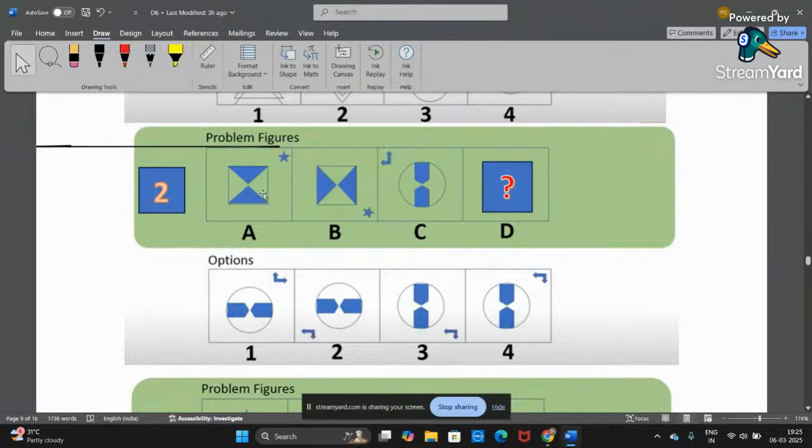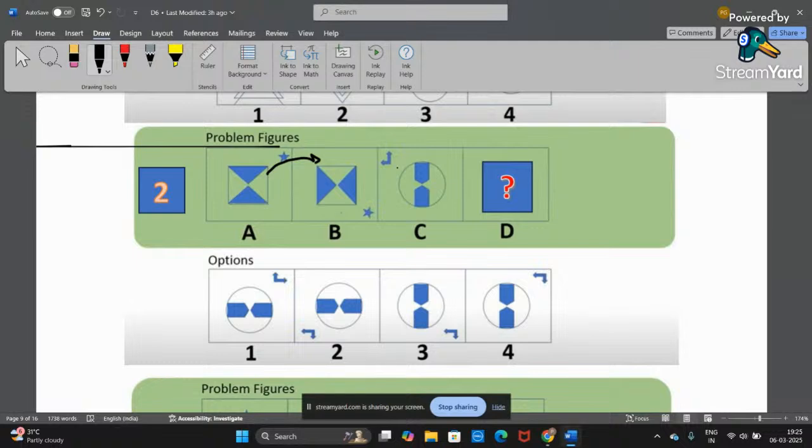In this, how is it done? How is it tilted? See, analyze between the first and second figure. It is tilted 90 degrees, right? When tilted 90 degrees, this box is tilted 90 degrees, so it looks like this, and the star comes here, right?